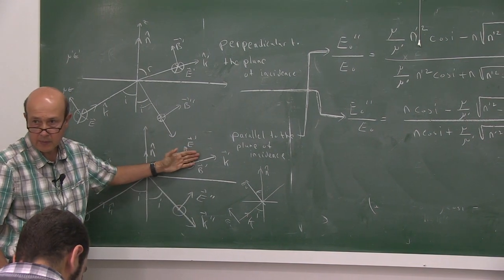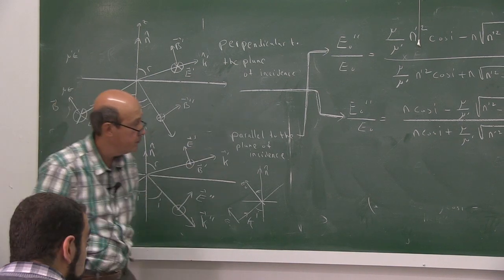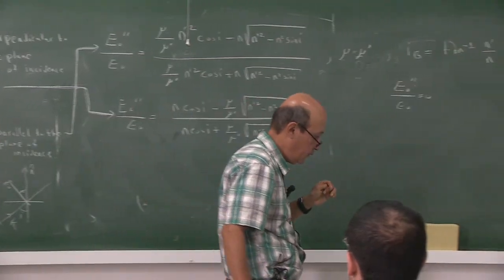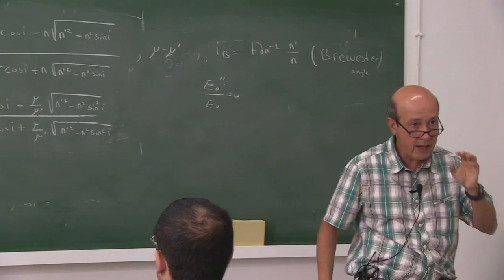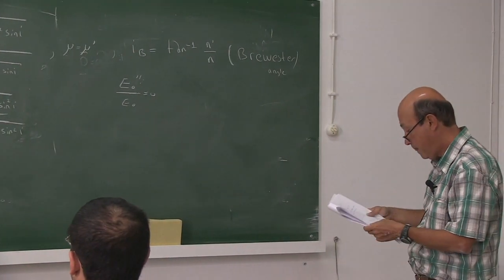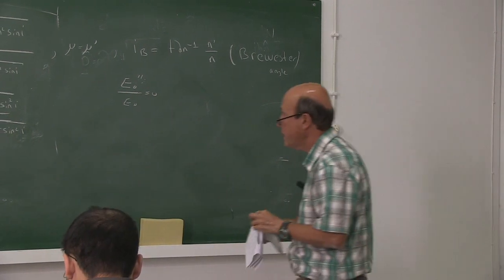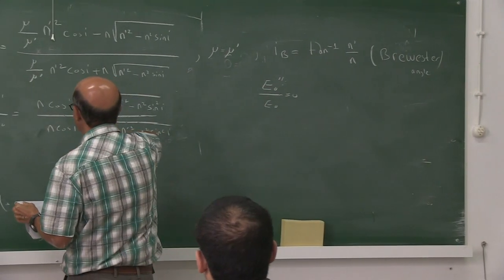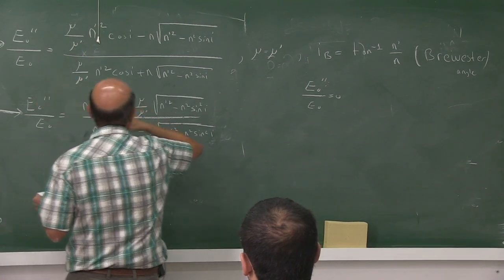Everything enters the other medium. This is very important for designing polarized eyeglasses, which I will discuss. So you can very easily show that this is indeed 0. Mu and mu prime will be cancelled out.